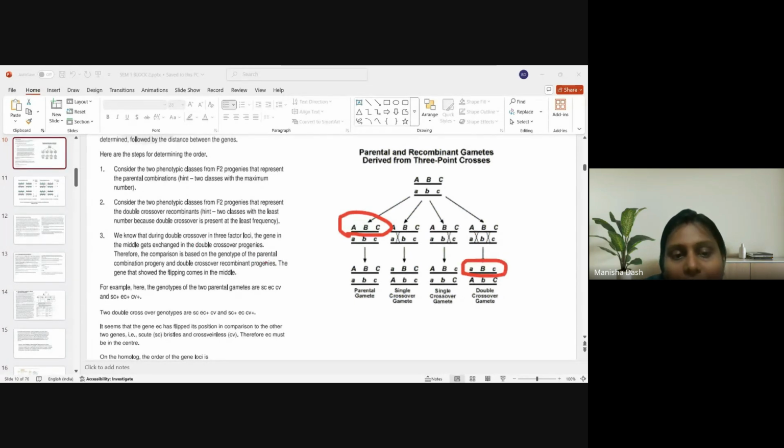The two genes, A and C, that were capital in the parent have now become small in comparison to the B gene. So the gene that stays where it is, is the gene present in the middle. Here the gene B is present in the middle. So by comparing a double crossover genotype with a parental combination, you can find out which gene should be present in the middle.